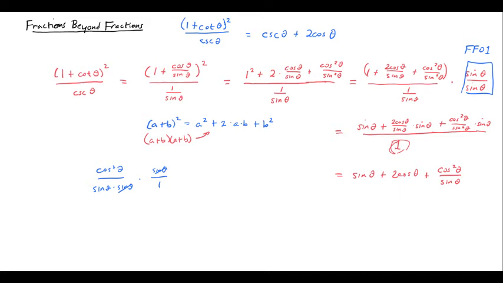But I just want to illustrate that even if you do things a little bit inefficiently, you're not going to hurt yourself. As long as the algebra stays correct all the way through, taking extra steps usually is not that much of a harm. Okay, so I'm getting everything to have a denominator of sine of theta.